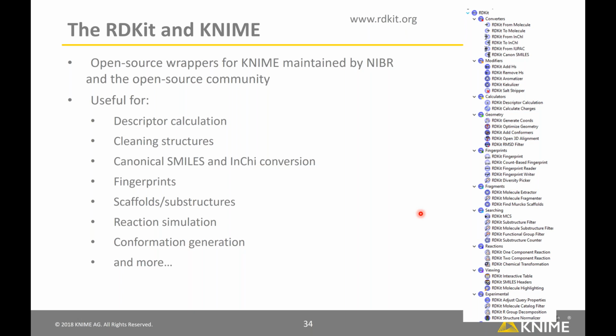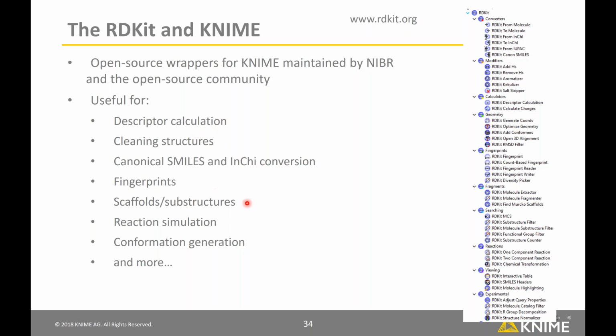I'm not going to go through them in detail, but the kind of things that you can do are the types of things I talked about previously with the RDKit. You can generate descriptors, you can generate fingerprints to feed into machine learning, and you can do structure cleanup, the kind of things I was just showing earlier in the cleanup workflow.